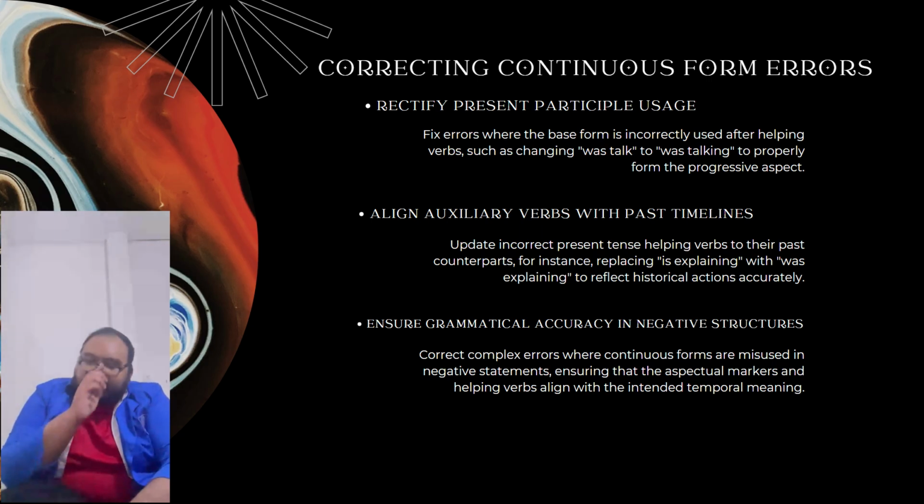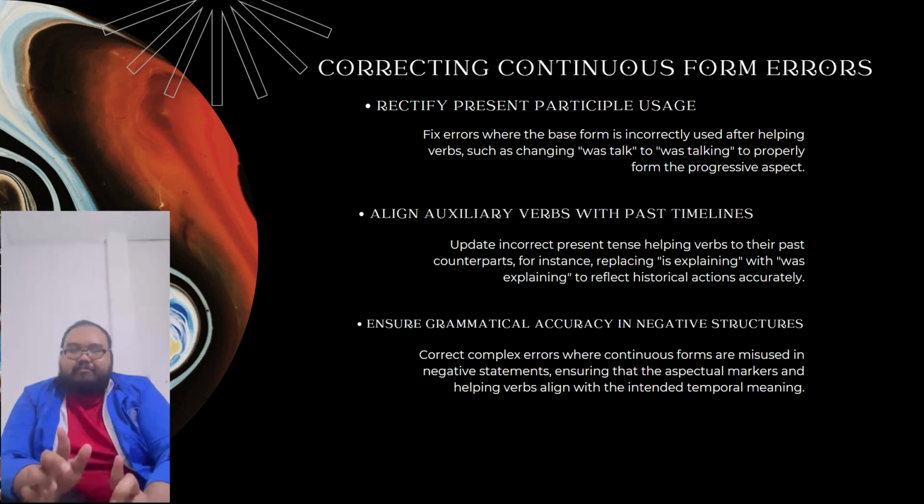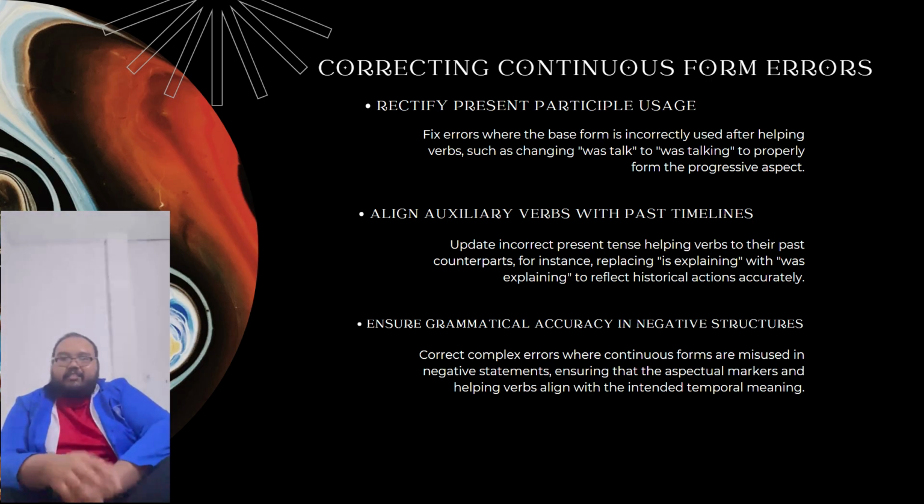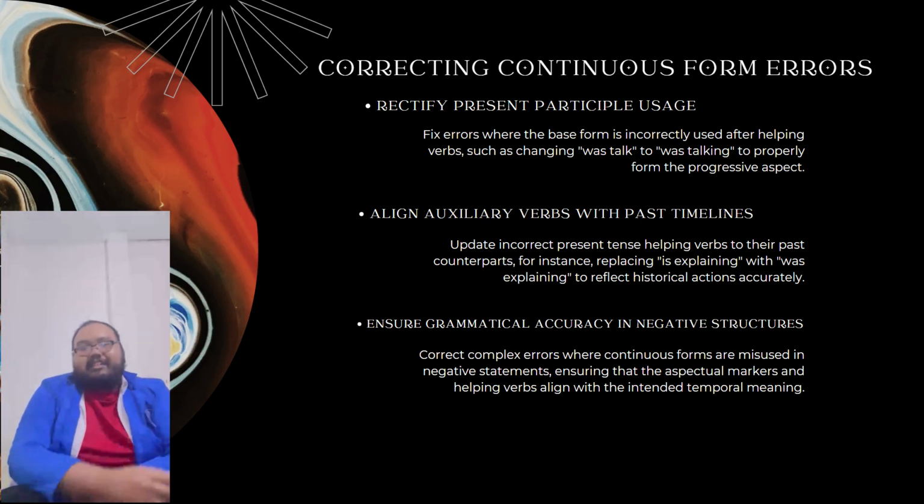Align auxiliary verbs with past timelines. Update incorrect present tense helping verbs to their past counterparts. For instance, replace is explaining with was explaining to reflect historical actions accurately.